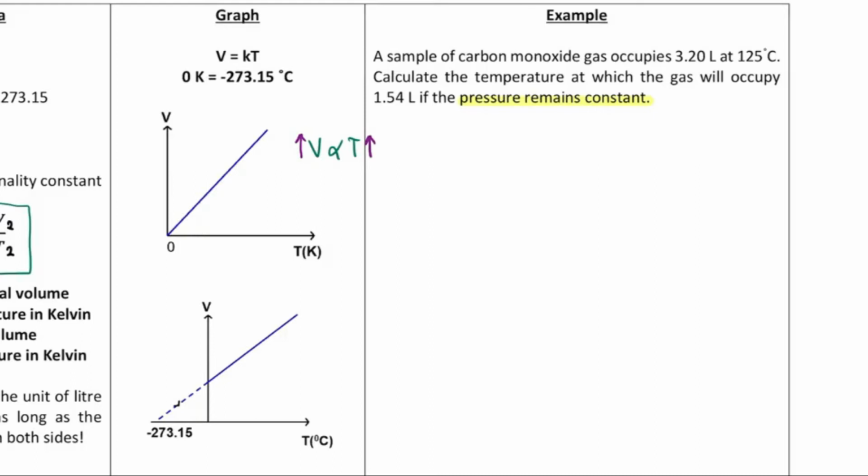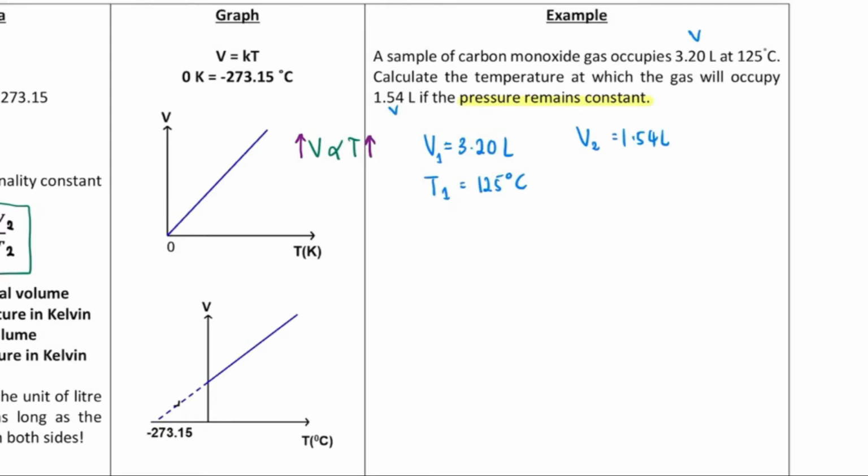Kita kena collect information dulu. 3.20 liter ni adalah volume initial, and 125 degree tu adalah temperature initial. Lepas tu 1.54 tu adalah volume final. So soalan tanya, calculate the temperature at which the gas will occupy 1.54 liter.